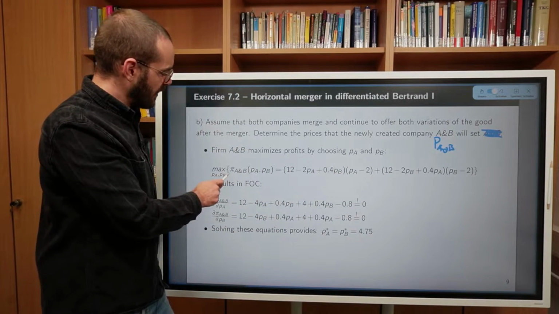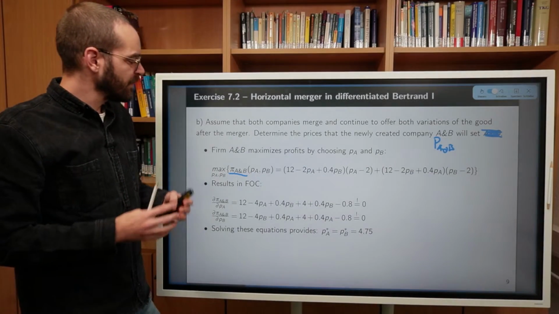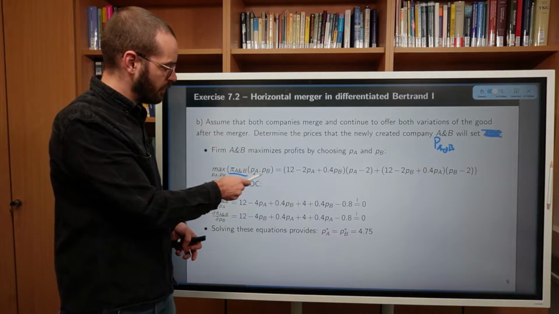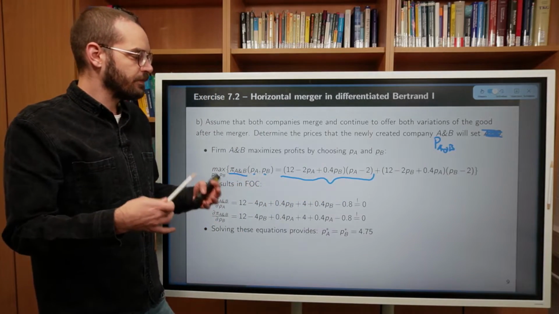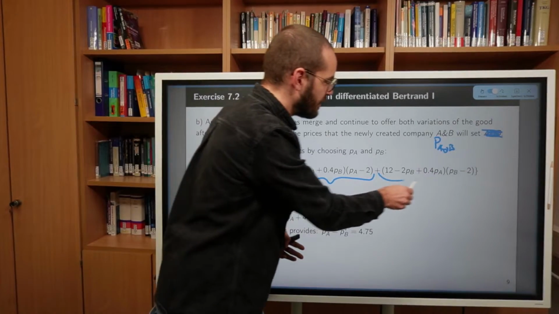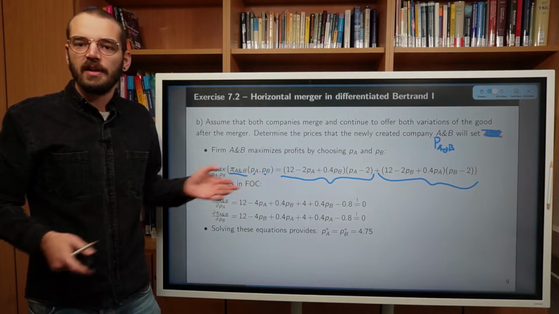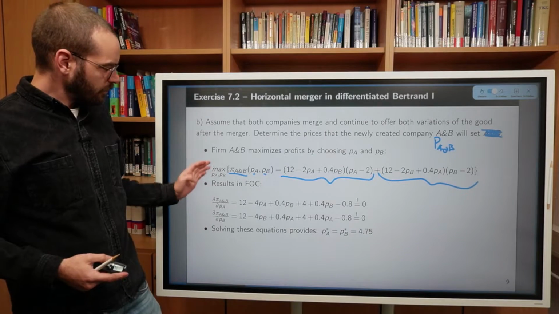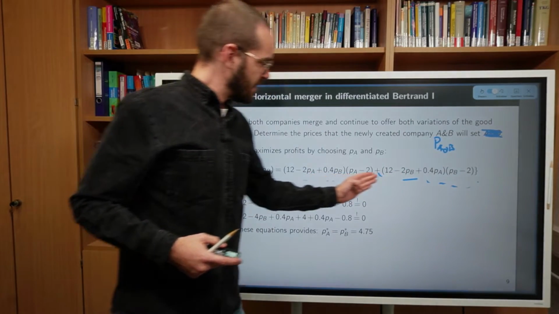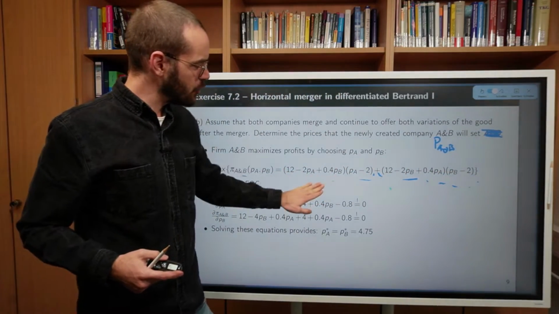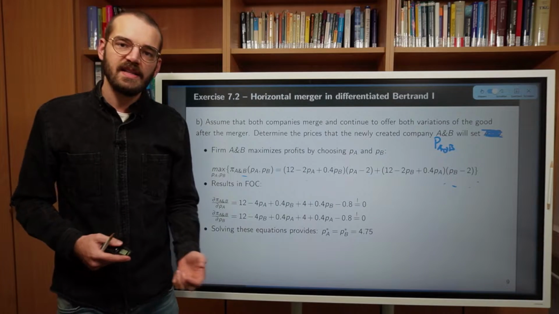So the profit function of the now combined firm, the monopolist A and B, as a function of the prices for good A and good B, becomes simply the sum of the profit the firm makes by selling good A plus the profit the firm makes by selling good B. You will recognize these two parts of the profit function from task A. Now, how do we find the profit maximum for this monopolist, who, just as a reminder, can choose both goods' prices, PA and PB, in order to maximize profits?